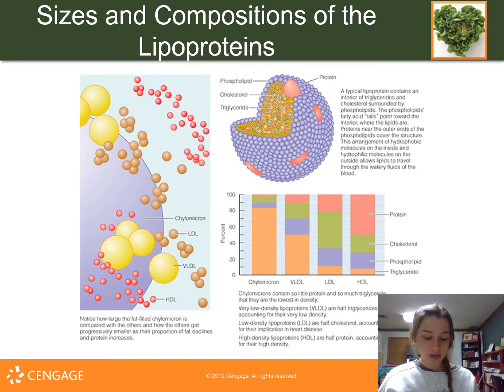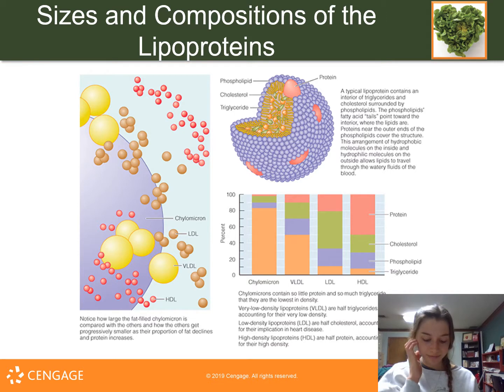The chylomicrons, those are the largest and least dense. They are diet-derived, and they get smaller as triglyceride portions are removed as they go to the cells. The VLDL is composed mostly of triglycerides. It's made by the liver, though. It doesn't come from food.